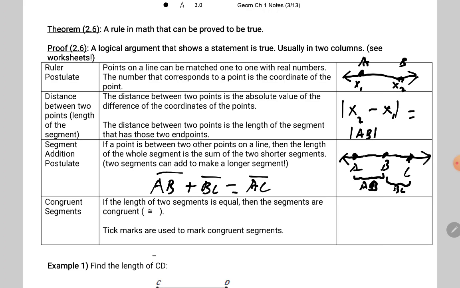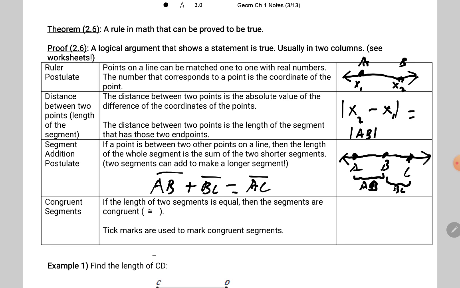So I'm taking the small piece AB and the other small piece BC, and I add them together to create the whole segment. Say you have 2 pieces of a candy bar, you combine them to make a full candy bar. So postulate, remember, just a rule that we accept without proof, because common sense, I could take these 2 pieces, add them together, and make a big piece.